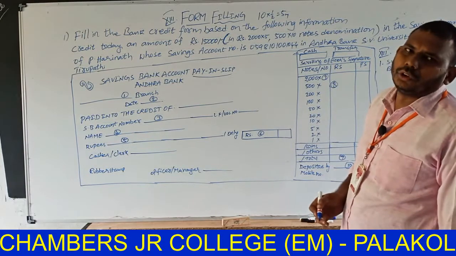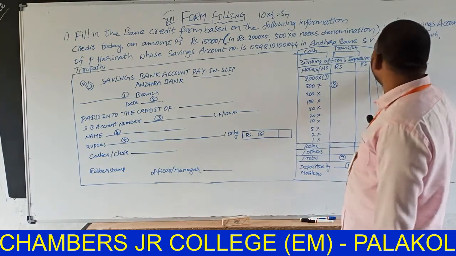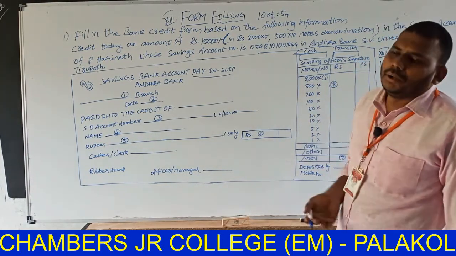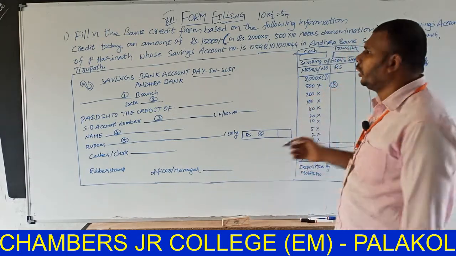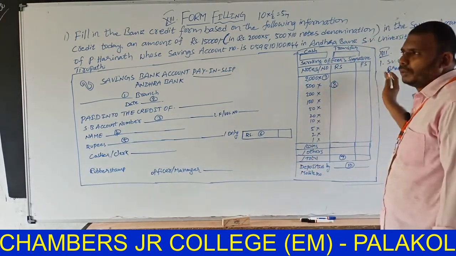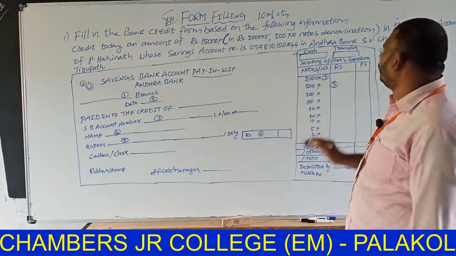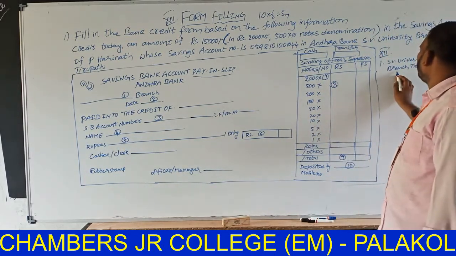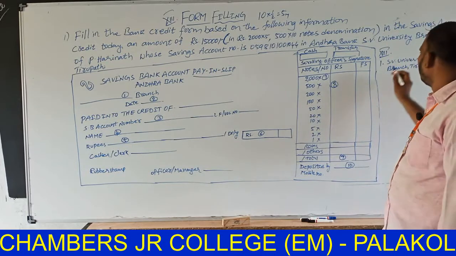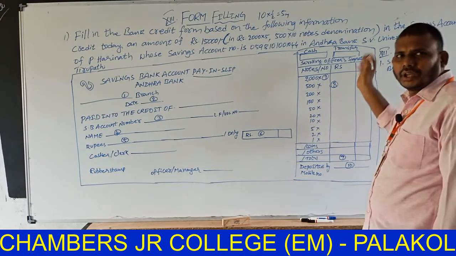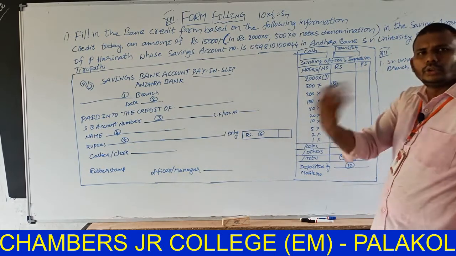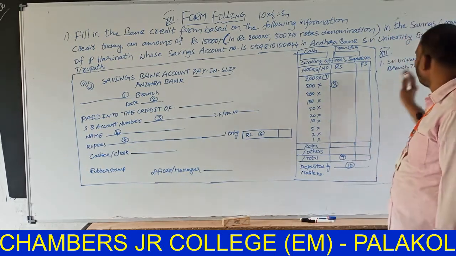Don't write only the word branch, because there will be 2 or more branches in the same town. That's why we need to mention the area where the particular branch exists. The SV University branch is mentioned, so you can write SV University only or SV University Tirupati. Either one is considered, or both. But write the answer in full.